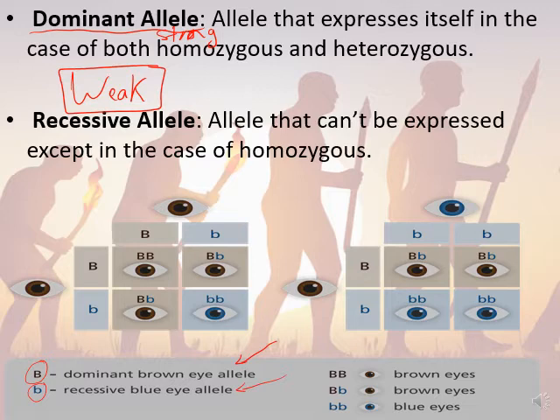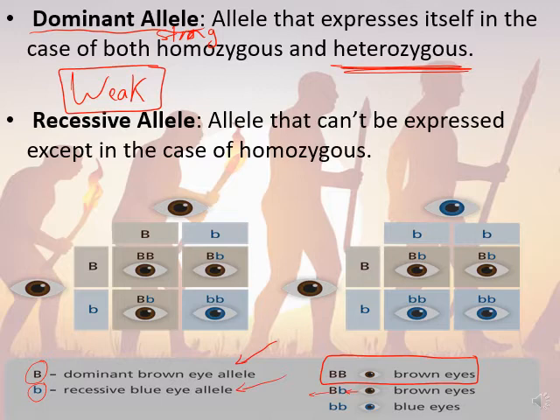A brown individual can have BB, two strong alleles together, or it can have capital B, small b, a strong allele and a weak allele, and the strong is going to be expressed. So here the strong is expressed in the case of heterozygous. Or blue eyes should be weak and weak, so a recessive allele with another recessive allele.